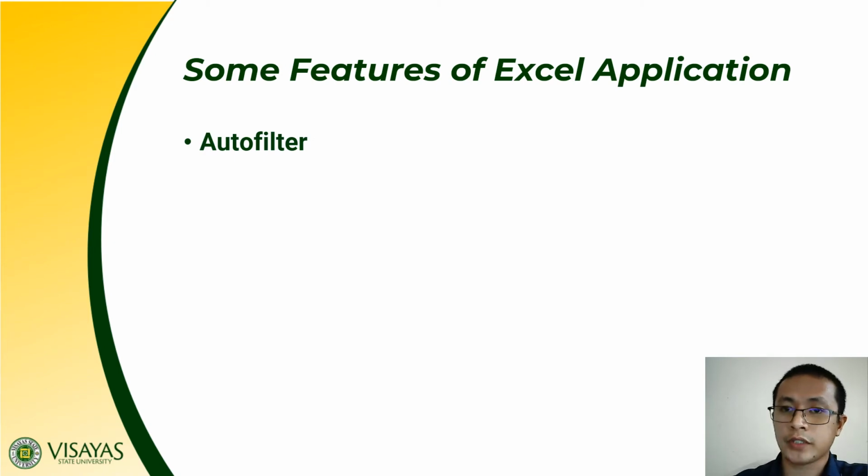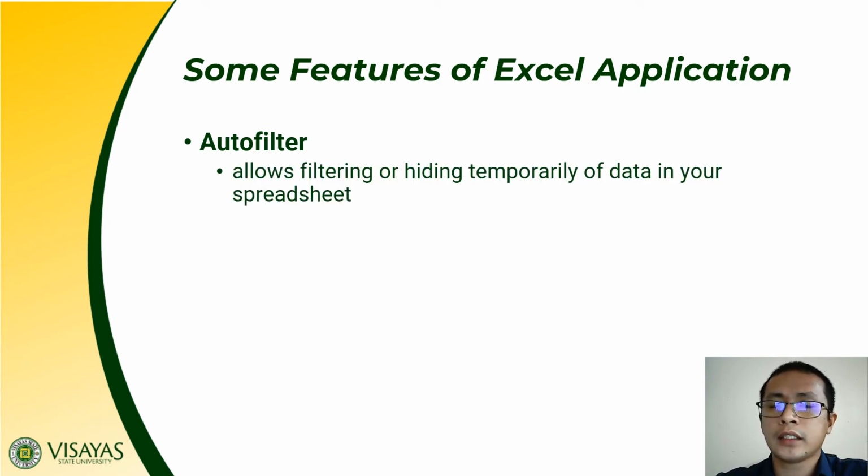Then another feature of Excel is that it allows you to do autofilter. When you say filtering of your data, it allows us to hide data temporarily in a spreadsheet. Say for example, you only want to display a record for a specific student, then you can do auto filtering for that. You only have to select the data for a specific student without allowing the other data to be shown.